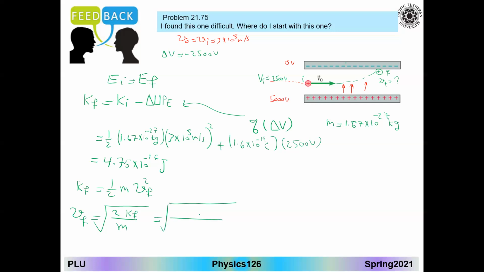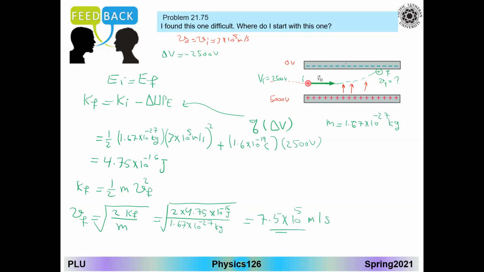Here is 2 times K, which we found is 4.75 power to the minus 16 joules, divided by m, 1.67 power to the minus 27 kilograms. And from that calculation, you end up with the velocity 7.5 power to the 5 meters per second.